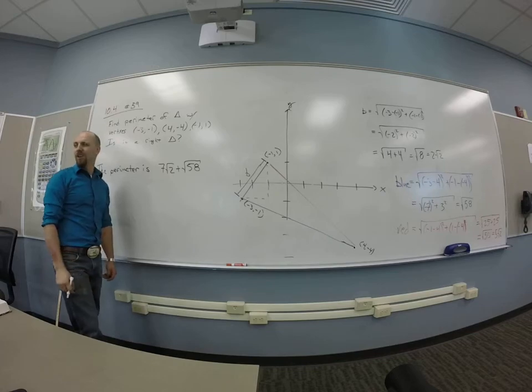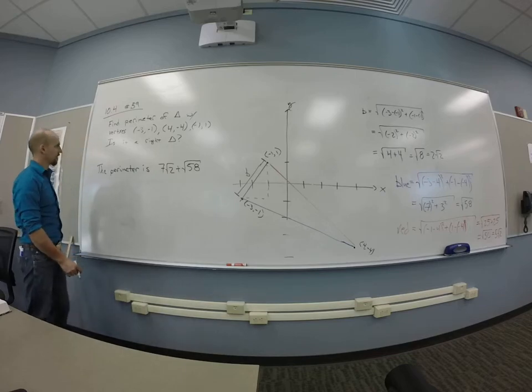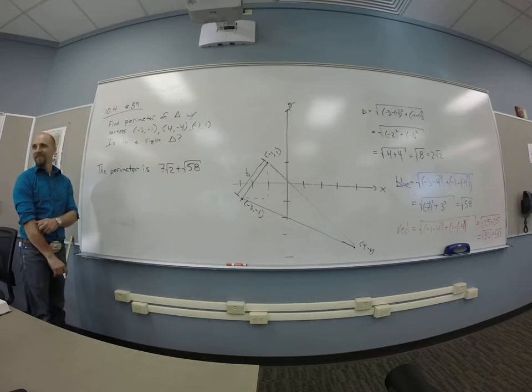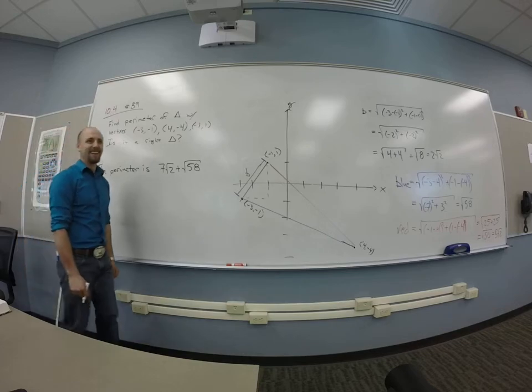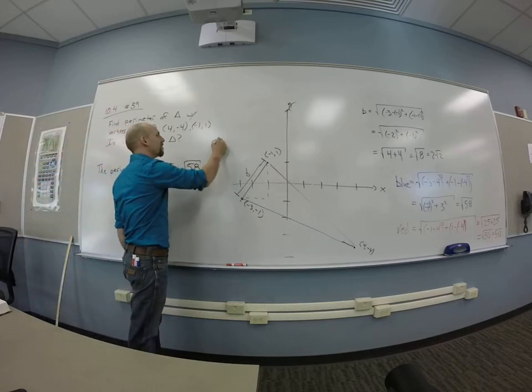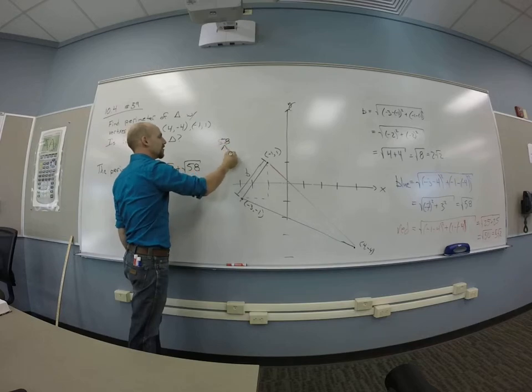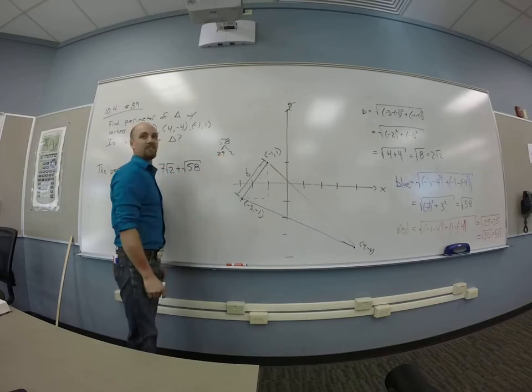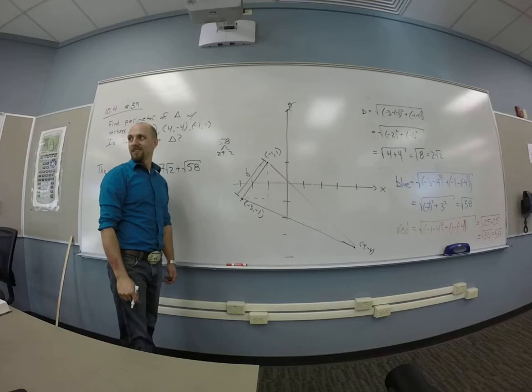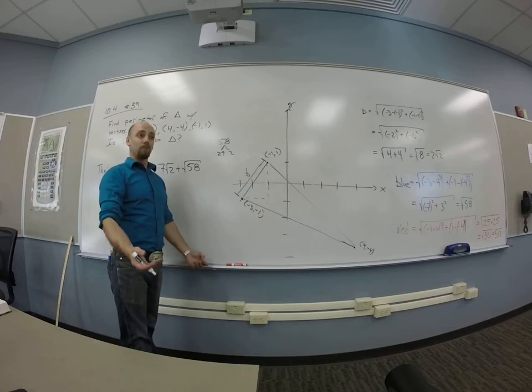Can I do anything with the square root of 58? 58 is 2 times 29, and the square root of 58 would be approximately 7.61.